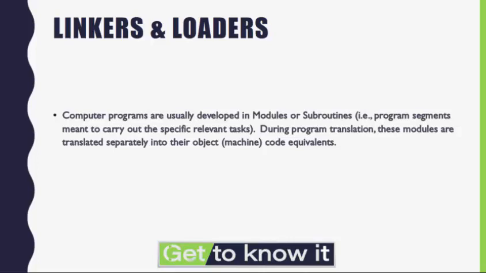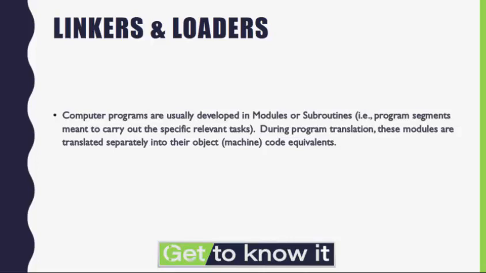So now you understand that a compiler, as we said, picks the whole source program and translates it. But some programs are written in modules or subroutines. In this case, the compiler will translate these modules or subroutines separately.